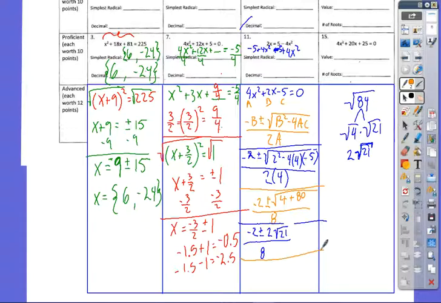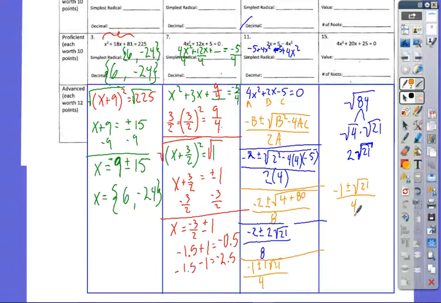So we end up with negative 1 plus or minus 2 divided by 2 is 1 times the square root of 21. 8 divided by 2 is 4. So right now we know that the simplest radical form answer is going to be negative 1 plus or minus the square root of 21 all over 4.